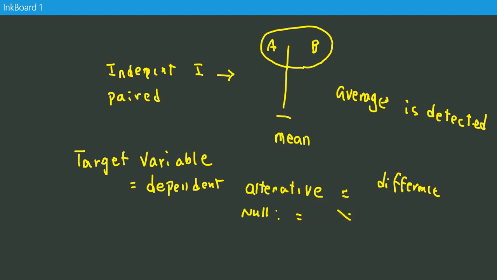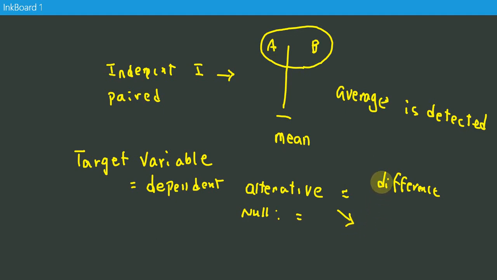Your alternative hypothesis says that there is a difference between group A and group B. But once the results show there is no difference, the hypothesis will be rejected.